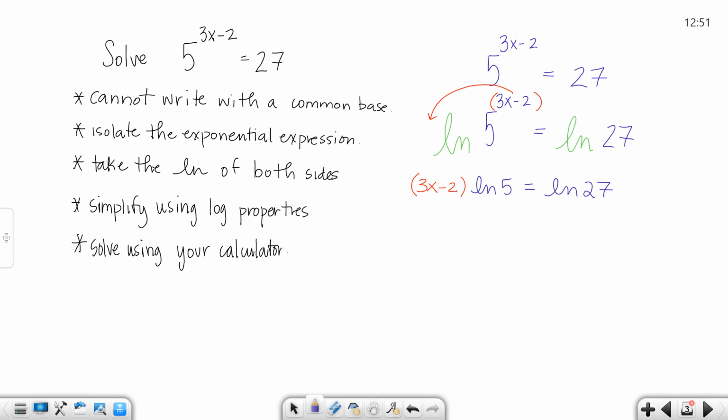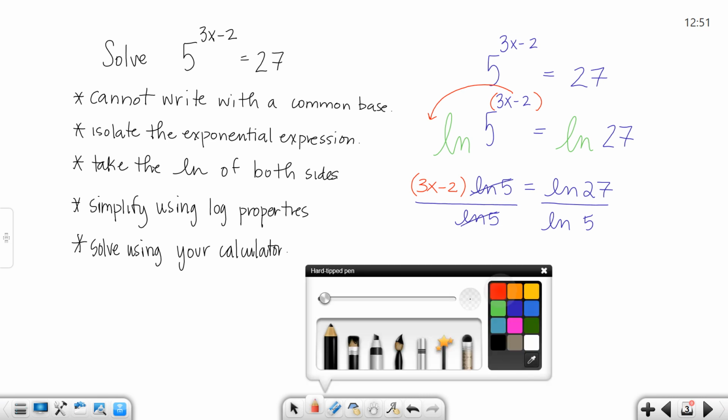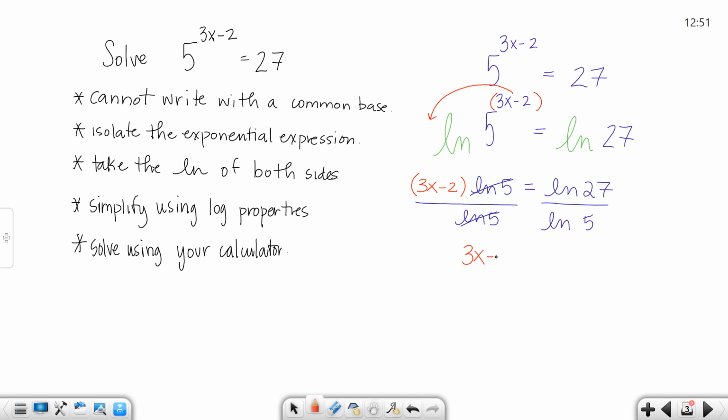What we're trying to do is get the x by itself. So right now the x has this family of 3x minus 2. The easiest way to get x by itself is go ahead right now and get rid of the natural log of 5. So see how it's multiplied? You can divide both sides by the natural log of 5. This natural log of 5 right here cancels out. And 3x minus 2 equals some number.